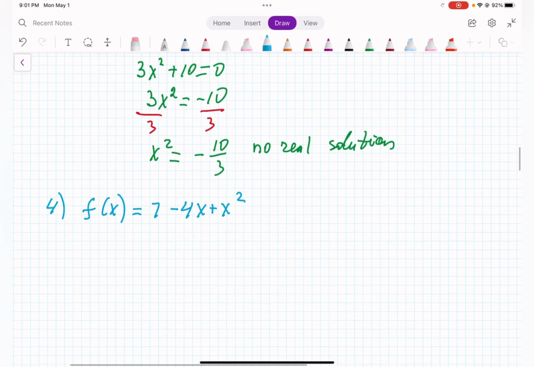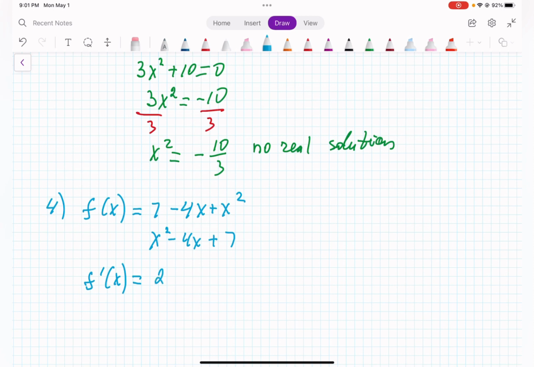Let me rewrite it. So let's take the derivative to find the critical value before we are able to identify relative maximum and relative minimum.